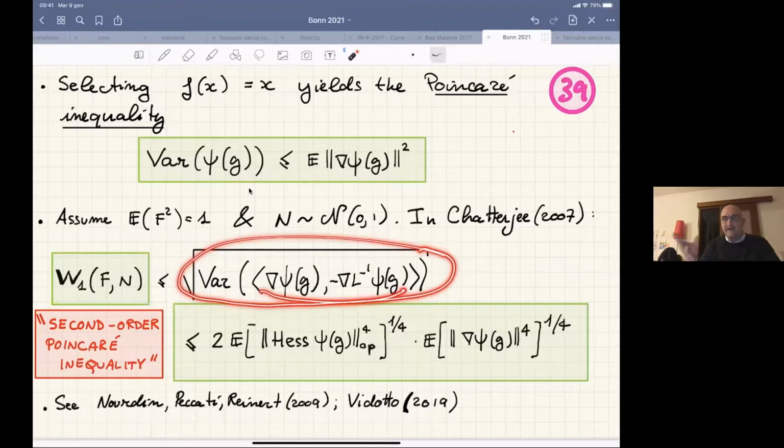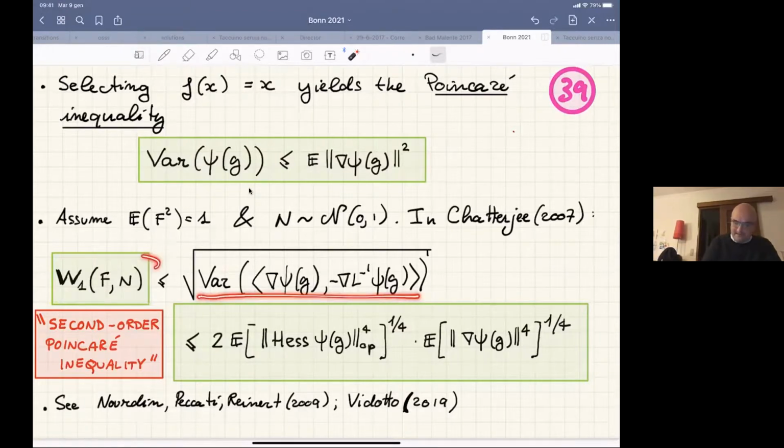And then by careful use of arguments of the Poincaré inequality, and then Cauchy-Schwarz, one can prove that this variance here, and therefore the one Wasserstein distance, is less or equal than twice the expectation of the operator norm of the Hessian matrix of psi computed in G to the power 4, to the power 1/4, times the expectation of the norm of the gradient of psi of G to the power 4, and then expectation to the power 1/4.